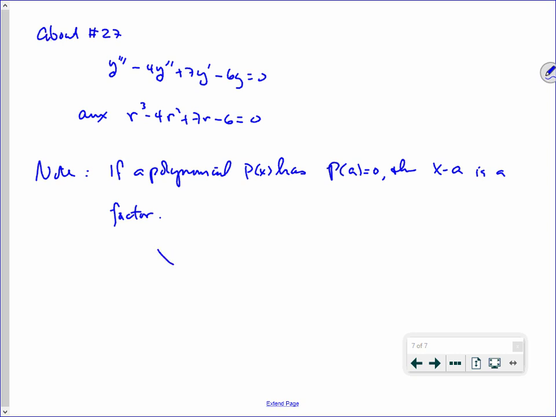But then you would divide whatever that is into your, so if we're doing r here, if you can find some sort of solution for this auxiliary equation, then long division of polynomials will give you the other factor.